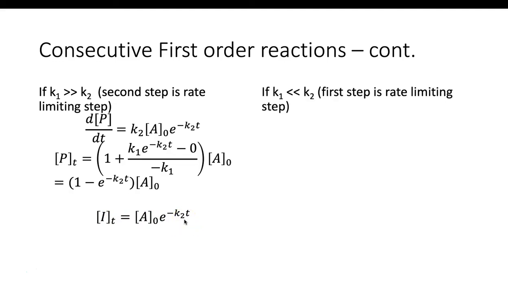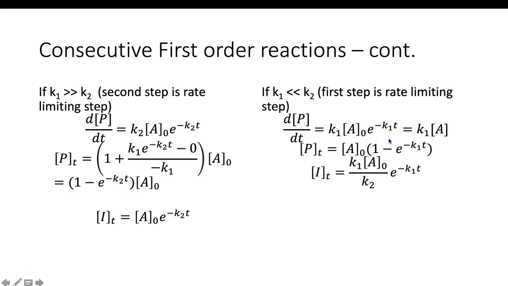Conversely, if we set the first step as the rate limiting step, then our rate of appearance of product is dictated by K1, okay, and so we know K1A. We want to think about it this way: our product is related to our initial reactant because as soon as we produce I, it creates product, because the second step is so much faster than the first step.